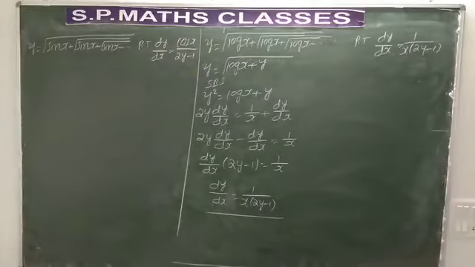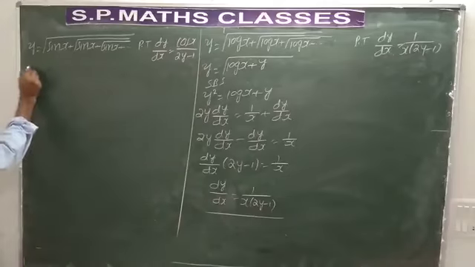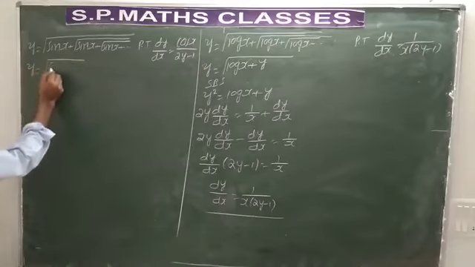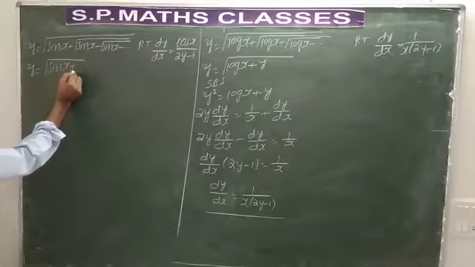Log x means its derivative is 1 by x. Here you have sin x, its derivative is cos x. So y is equal to root of, we can take here, sin x plus y.